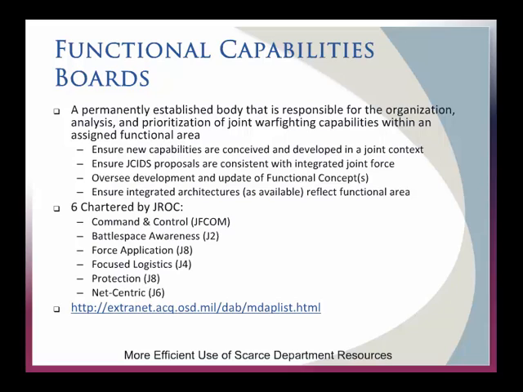Now this is important because you'll see that the functional capabilities boards are joint, because you see that there's 6 chartered by the JROC, but they're separated into different domain spaces. So command and control, battle space awareness, force application, focus logistics. And these can change. They can make these up as they go along as different things come in.